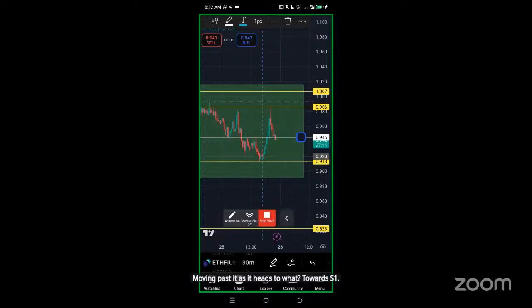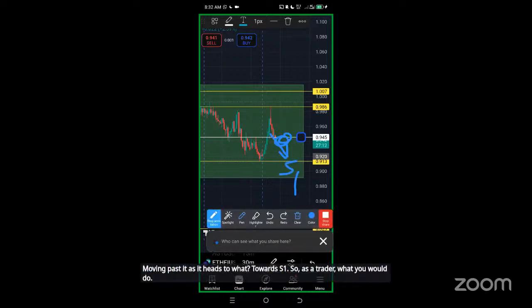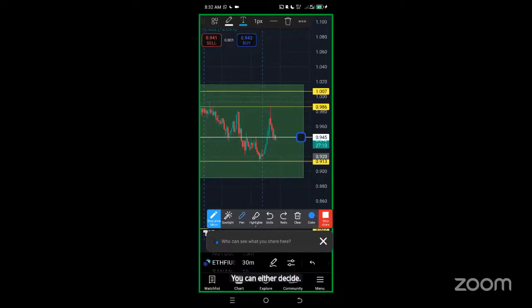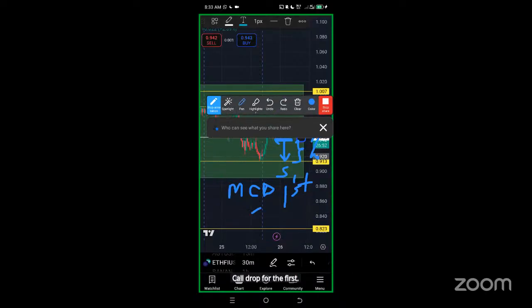So as a trader, you can decide to make entry at the current price and then measure that distance from the current price to this first support. Whatever percentage you get becomes your margin call drop for the first call.